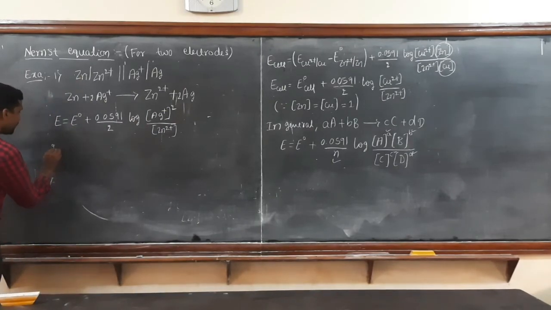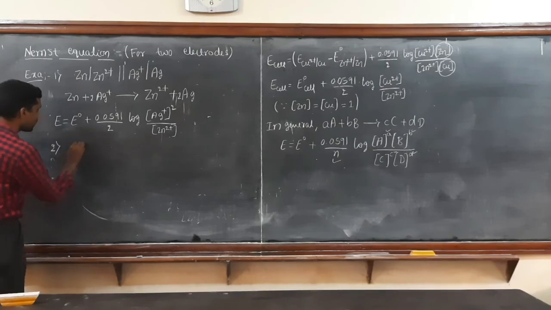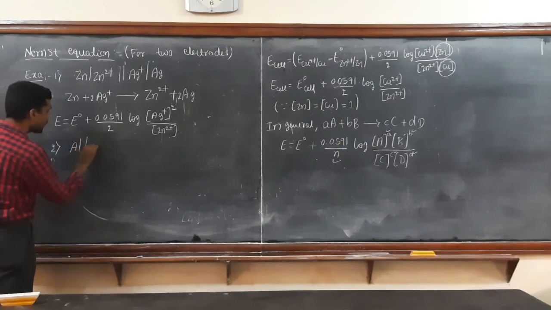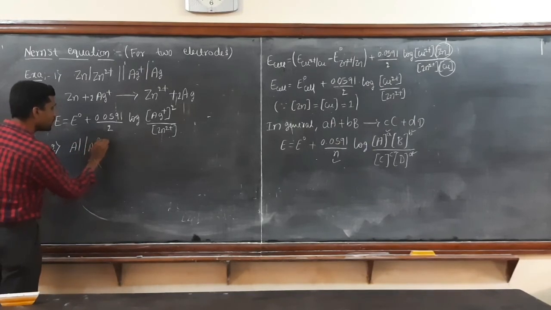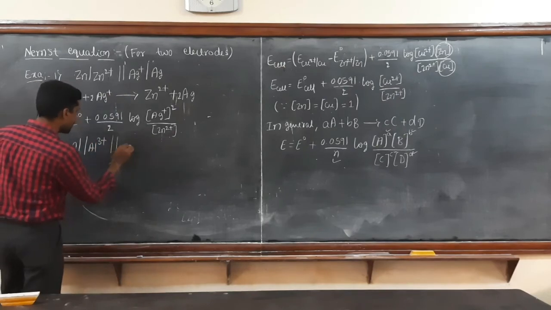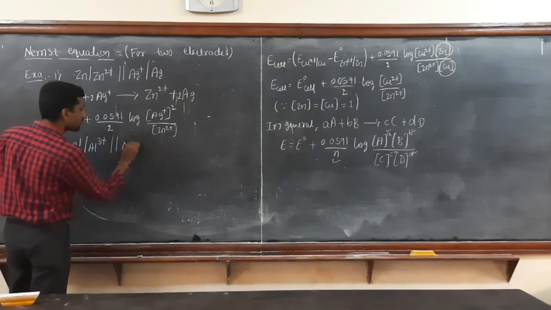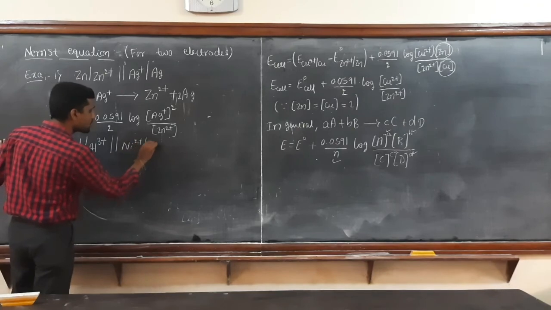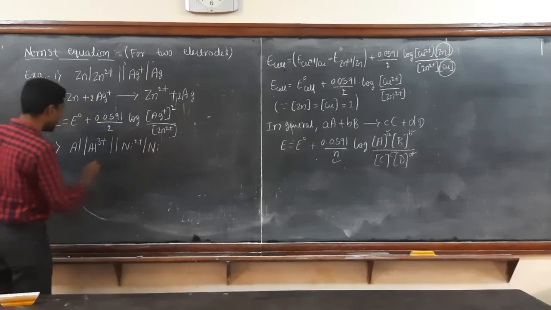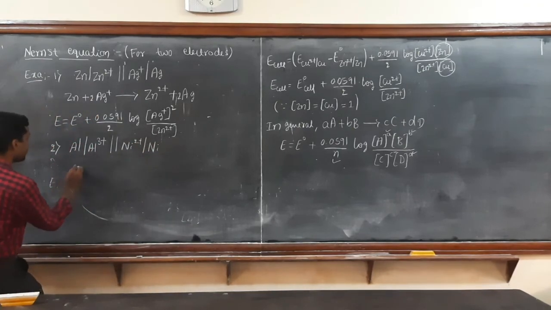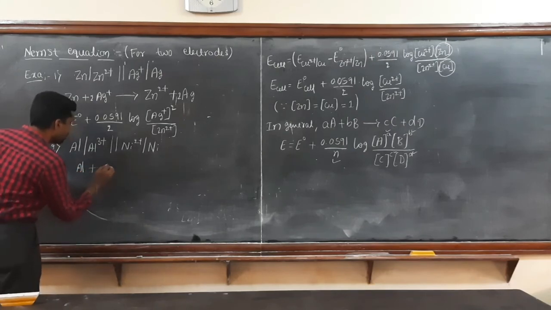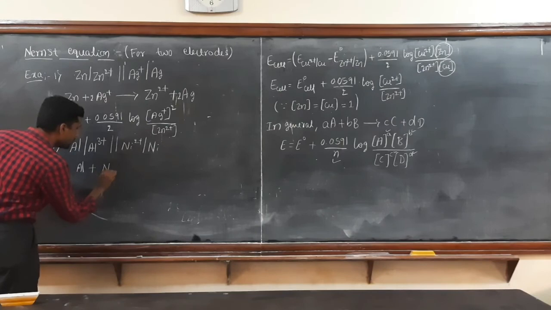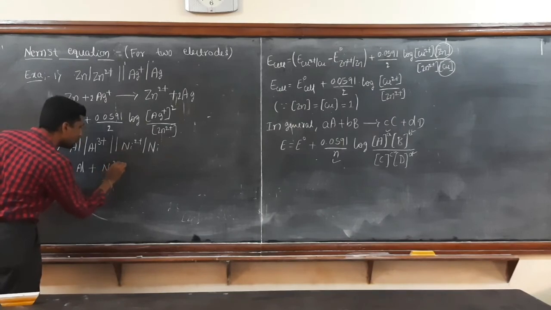The second example is where you consider a larger number of electrons, like aluminium, which liberates 3 electrons, and nickel. The equation for this one can be written the same way. Aluminium will undergo oxidation and nickel is in the plus 2 state.